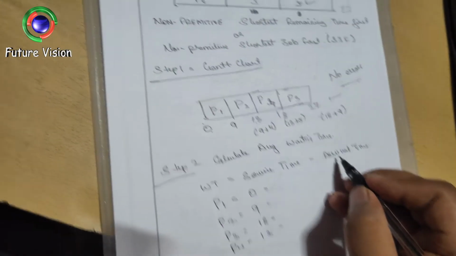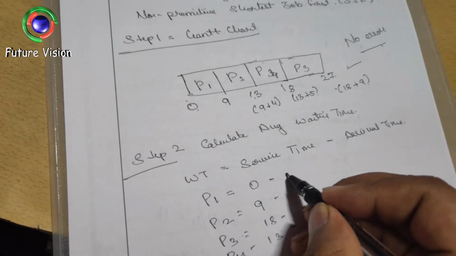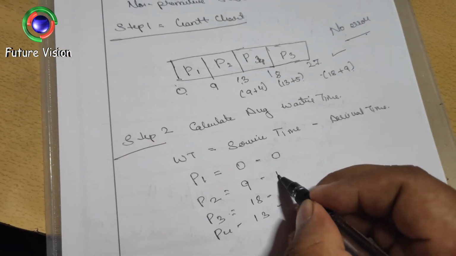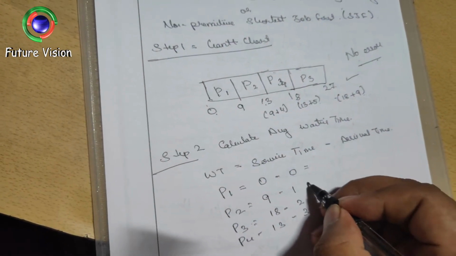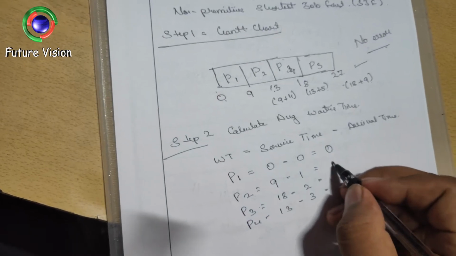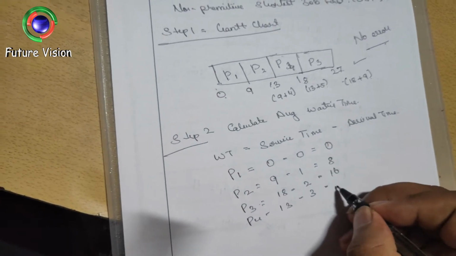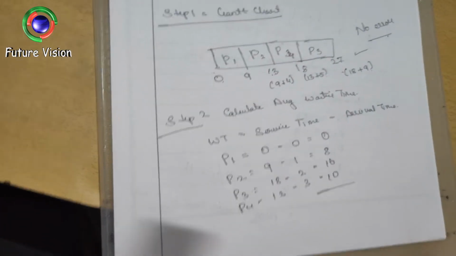Now arrival time, we will consider from the process table. The arrival time of P1 is 0, P2 is 1, P3 is 2, P4 is 3. Therefore 0 minus 0 is 0, 9 minus 1 is 8, 18 minus 2 is 16, 13 minus 3 is 10. The average is the sum of all divided by 4.